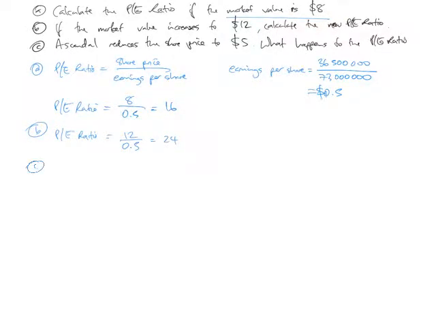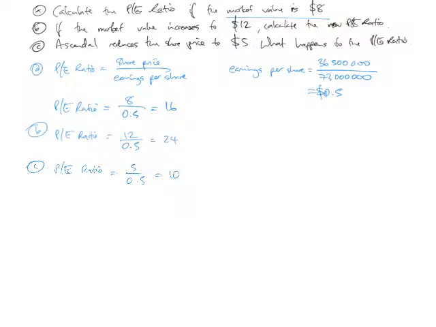So C, the company's involved in a scandal and the share price drops to $5. What happens to the PE ratio? PE ratio is going to be $5 divided by 0.5 is going to be 10.